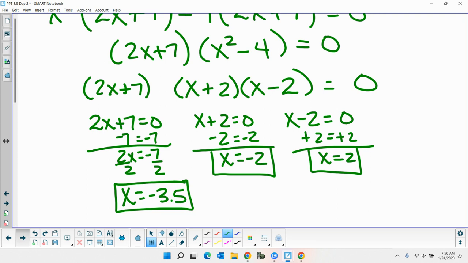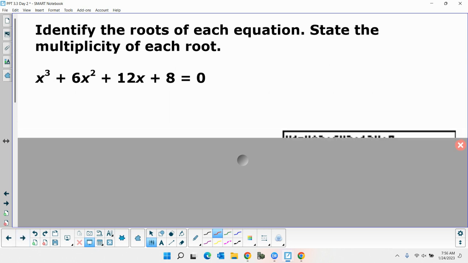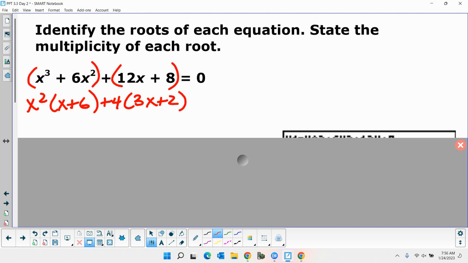So tonight, like I said, you're going to have some that you do by factoring. This one, if you try to group it, it doesn't work out. That's what I would try first, is try to group these. I can take out an x squared there and get x plus 6. And I can take a 4 out of there, and I get 3x plus 2.